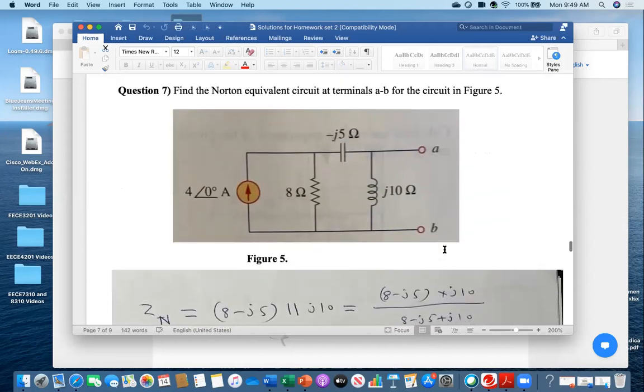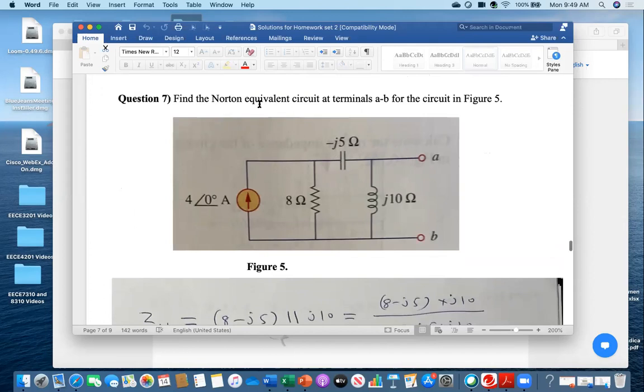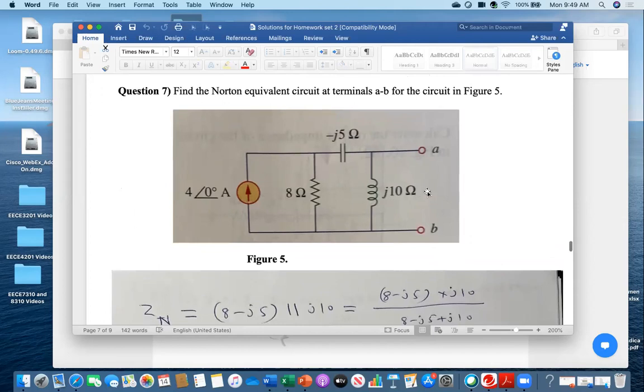Okay, this one. Find the Norton equivalent circuit at terminals A to B for the circuit in figure 5. So you all know what is the meaning of Norton equivalent? So this is the terminal AB. Norton means you have to find out the current flowing through this one.